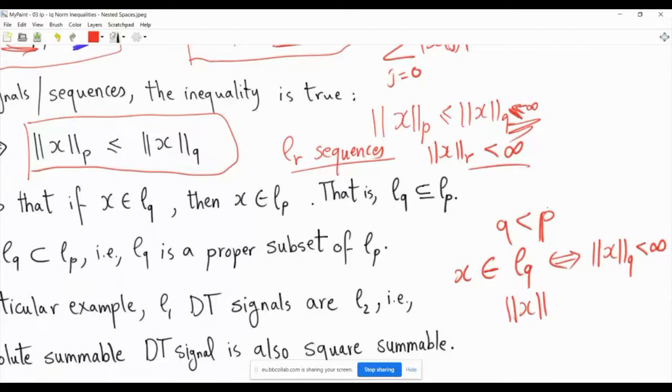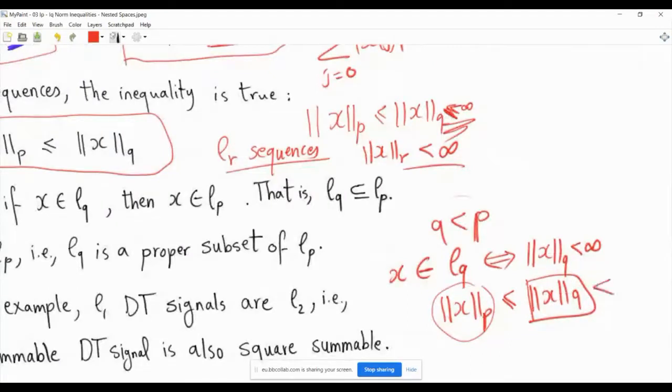So for P greater than Q, the LP norm is less than or equal to the LQ norm, right? So if this guy is finite, you are guaranteed that this guy is finite. So this is my starting point.